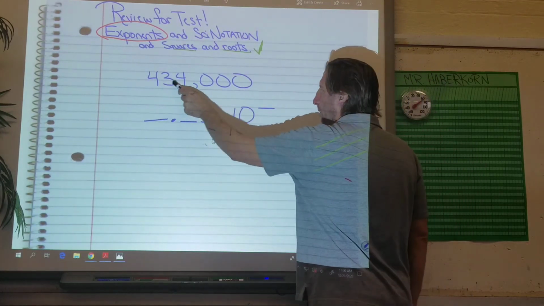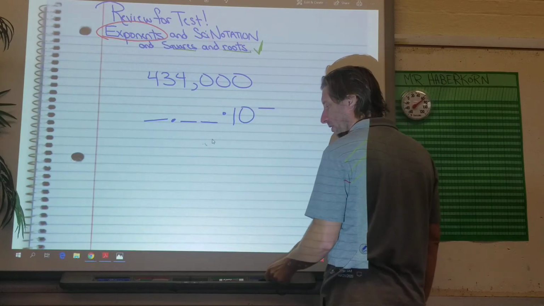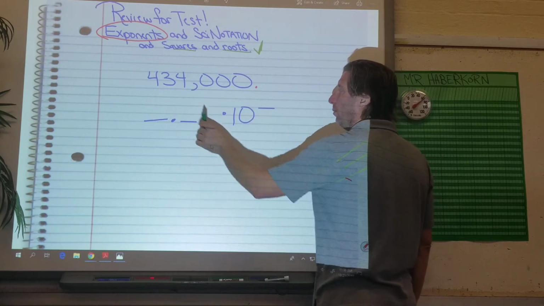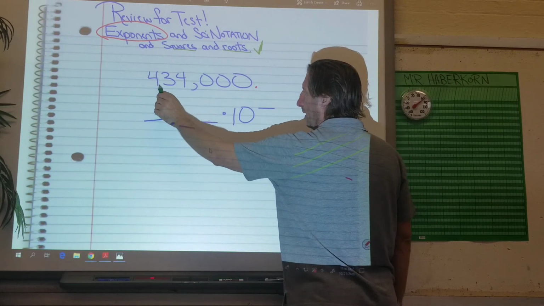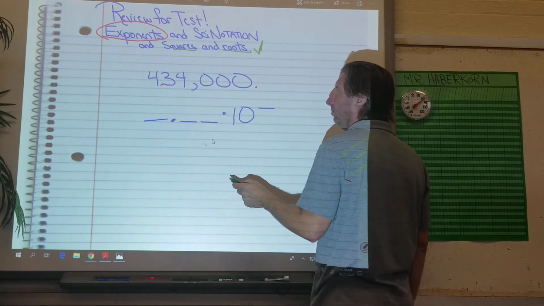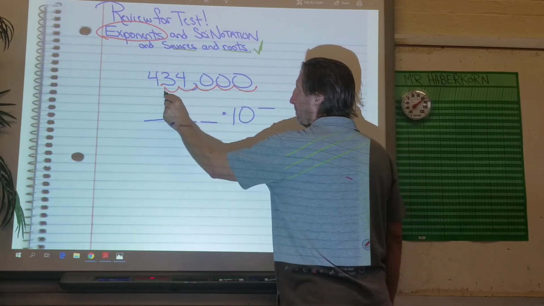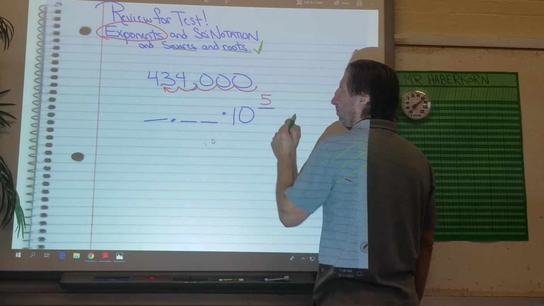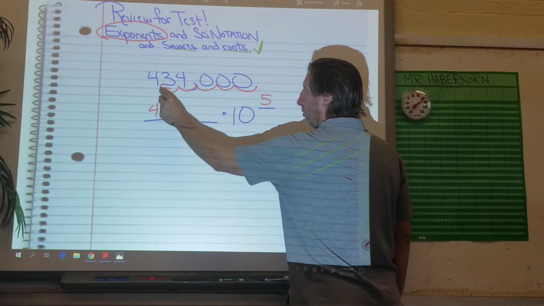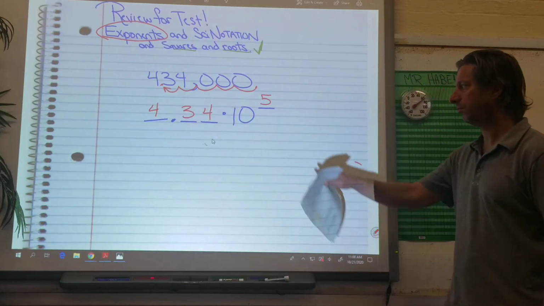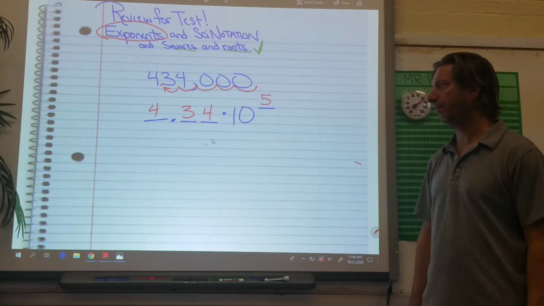Well, this is a big number, so we want a positive number here, right? So all I do is count from the end, the point's here. We want to move it after the first significant digit, after the first non-zero. So I'm moving it 1, 2, 3, 4, 5 spaces, right? And then I have 4.34. Positive number for a big one, right?